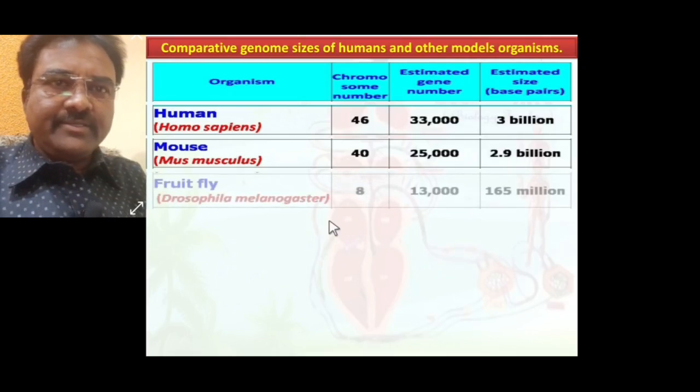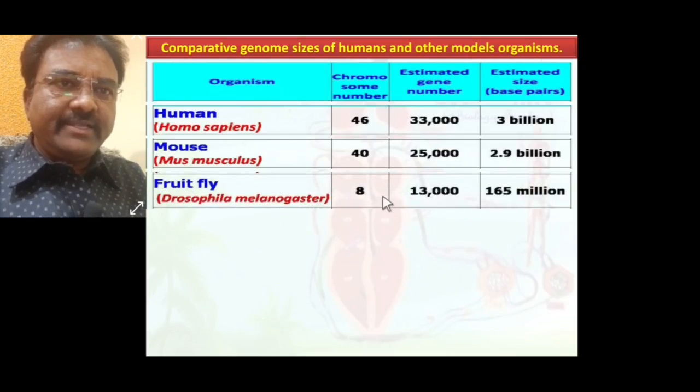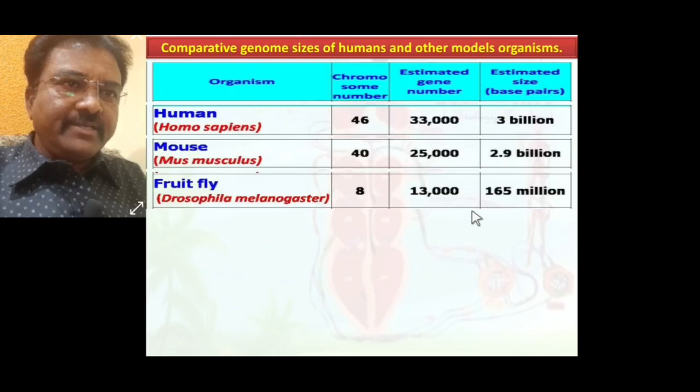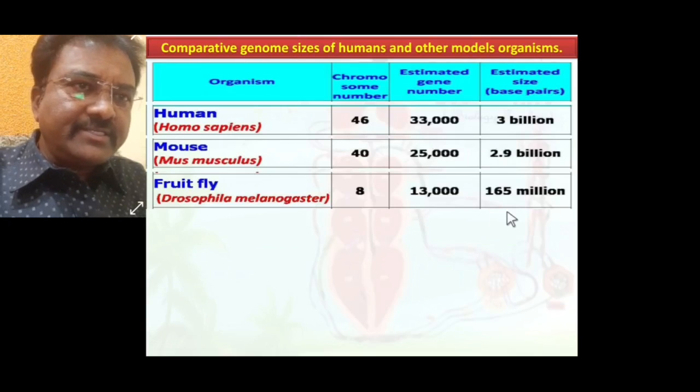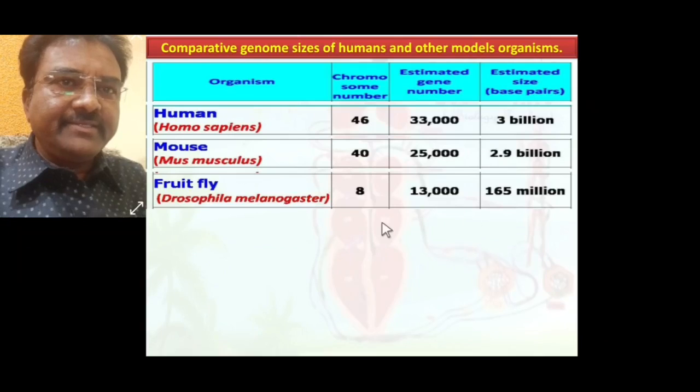Third, fruit fly, Drosophila melanogaster: 8 diploid chromosomes, estimated gene number 13,000, estimated base pairs 165 million.